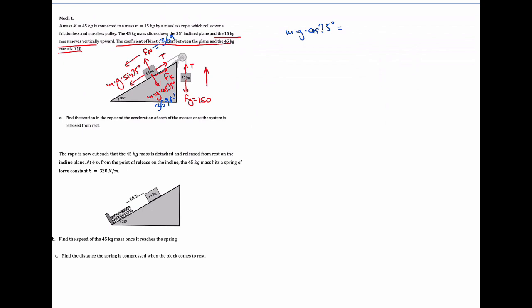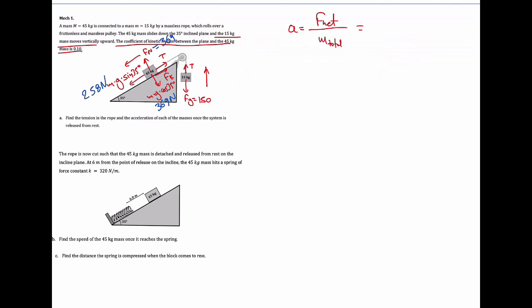And the force of gravity x is equal to 45 times 10 times sine of 35 degrees, so it is equal to 258 newtons. Now that we know all the forces, besides the tension, we can first find the acceleration of the system, which is F net over the total mass.